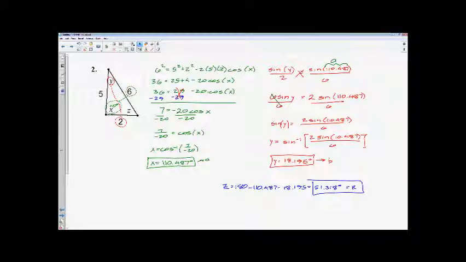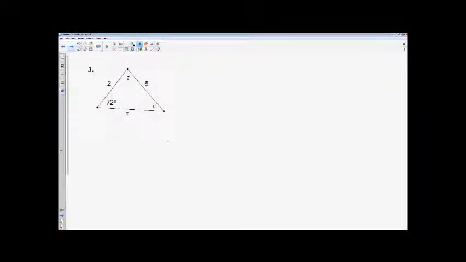You cannot do the sine of a side length. Sine of 2 wouldn't make sense in this problem, because 2 is a side length and not an angle. Anytime you write sine or cosine or tangent, you have to put an angle in it. And then once you get all of your angles, you can subtract from 180 degrees, and that's where I got z down there. So here you are looking at number 3.